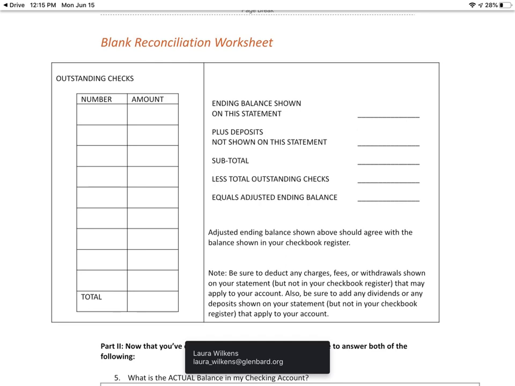So if I write in here, oh, that's really big. Sorry about that. 6804. I know it's not perfect. And the amount of that check was $23.